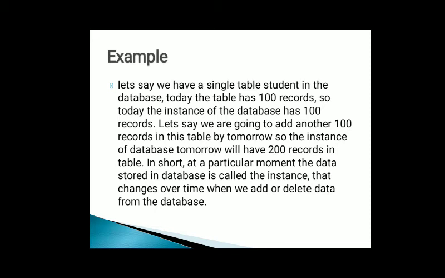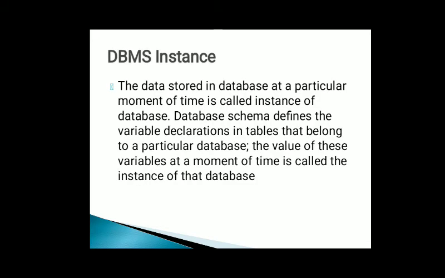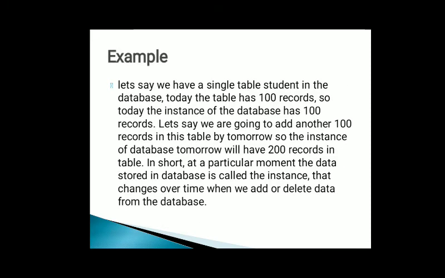So the instance of the database tomorrow will be 200 records. As we said in the definition of instance, the value of these variables at a particular time is called the instance of the database. Got it all of you? I think you understand this example.